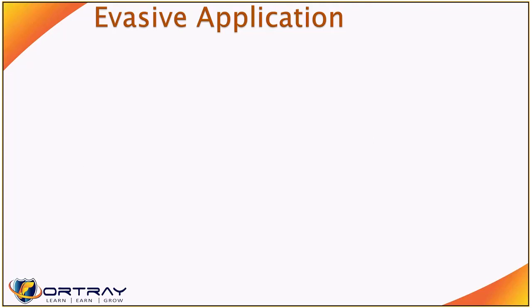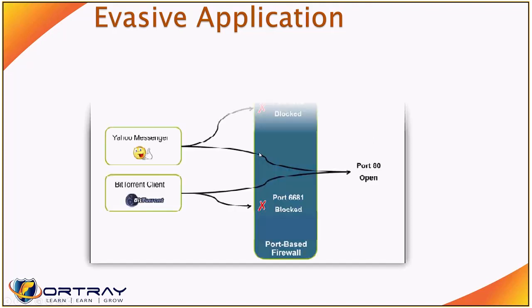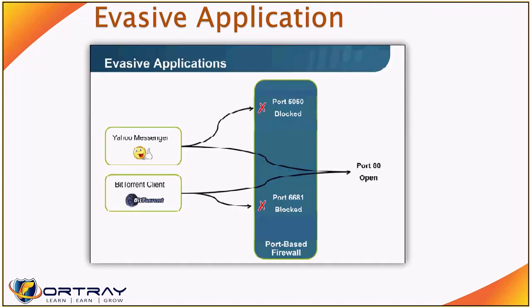Now let's see why we need to use the application feature and what is the inherent problem with using port-based services only. There is a term called evasive application. The behavior of evasive applications is that they can change the port number. For example, Yahoo and BitTorrent generally respond on 5050 or 6681.